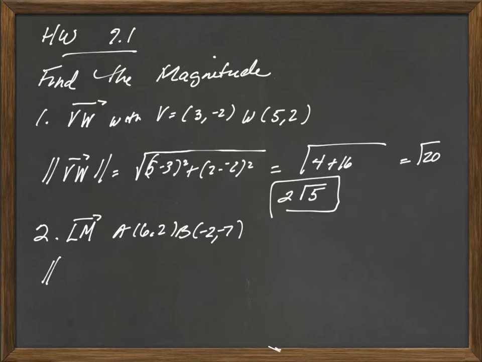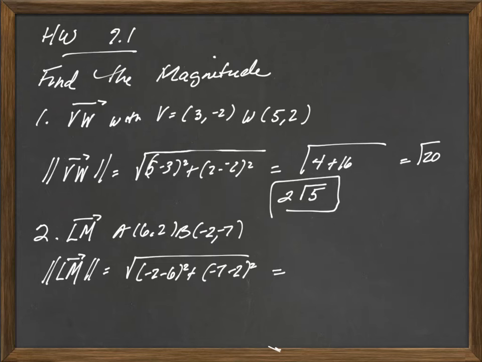So LM is equal to the square root of (-2 minus 6) squared plus (-7 minus 2) squared. This is the square root of -8 squared, which is 64, plus -9 squared, which is 81, which is equal to the square root of 145.